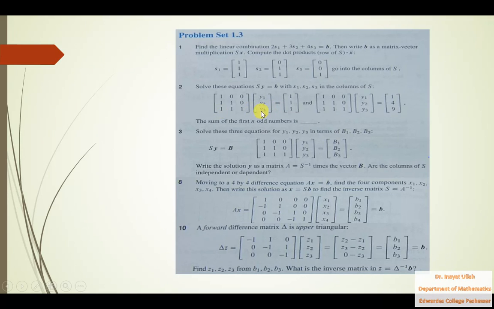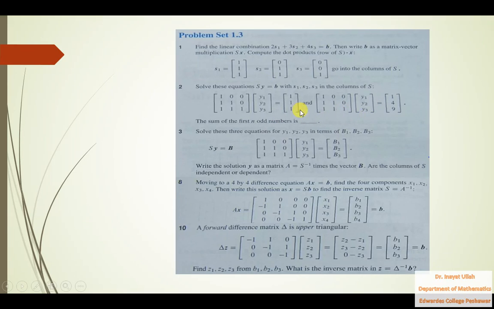How could we solve it? By multiplying these two matrices, using the definition that this is the dot product of rows with columns, and then by comparison find y1, then y2, then y3. That is the solution of this system. Similarly, follow the same criteria for this system.